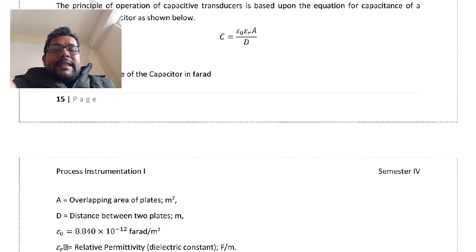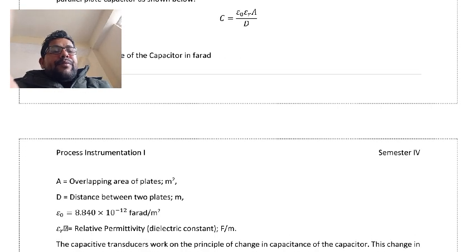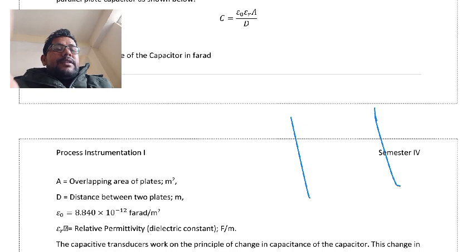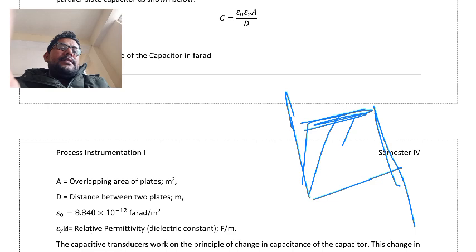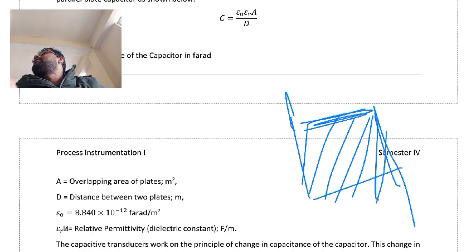Overlapping area is nothing but, suppose two plates are there, how much area they are covering. Suppose one plate looks like this, and another plate is going down. So this is the overlapping area with respect to each other.